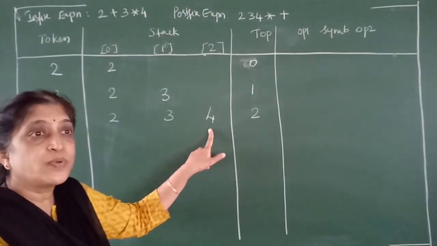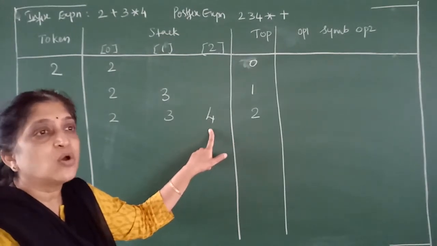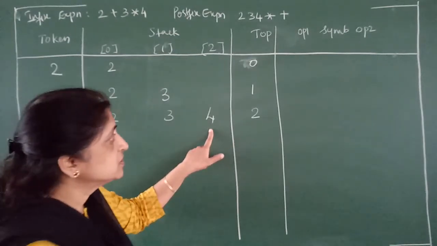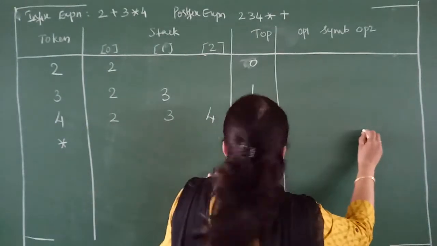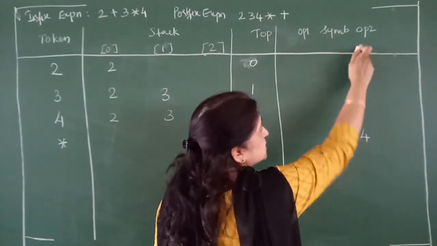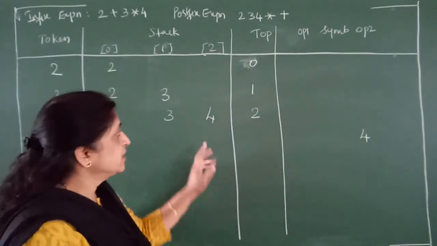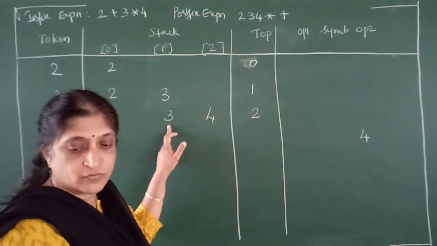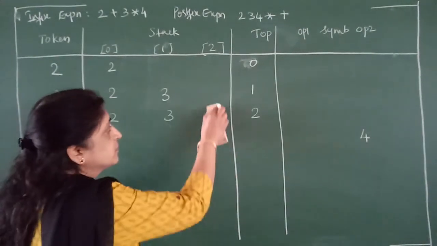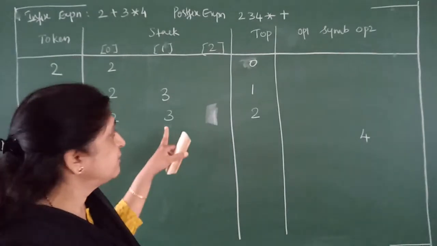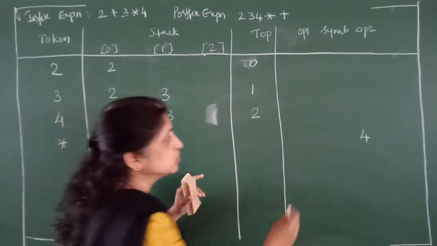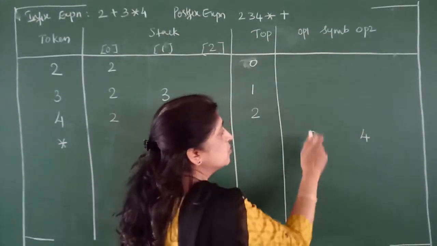That will be operand 2, that is the second operand. So pop this, that becomes the second operand. So 4 is the second operand. Then once you pop this, on top of the stack we have 3, pop that also, that is our operand 1.